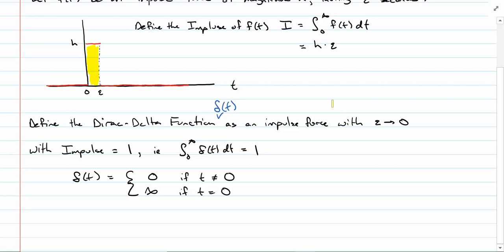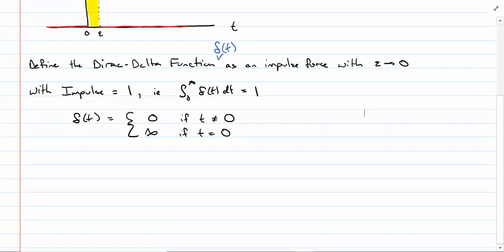Hitting an object with a hammer, hitting a ball with a bat, the voltage surge from a lightning strike, that kind of thing. So that's what delta of t is.